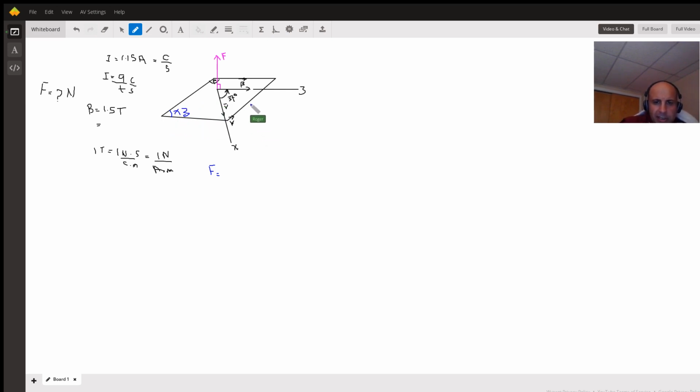So you can imagine if this is XZ and Y, there's a Y direction up. This will be in the positive Y direction. The force is going to be perpendicular to the plane which contains the two coplanar vectors V and B.